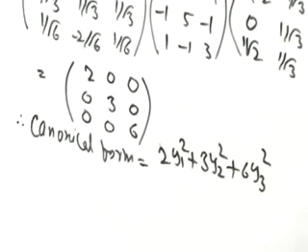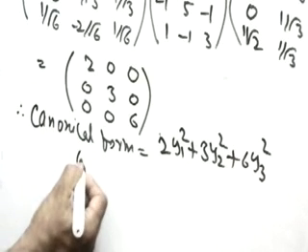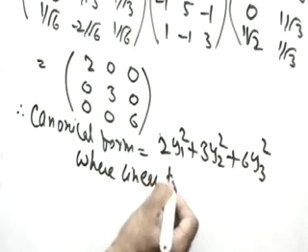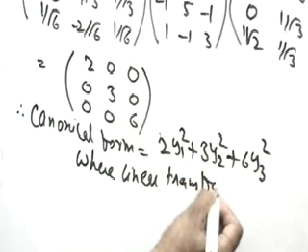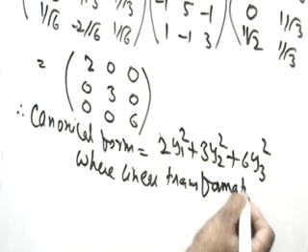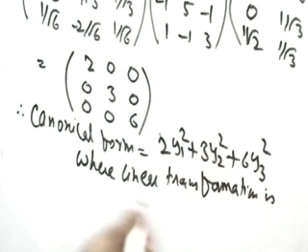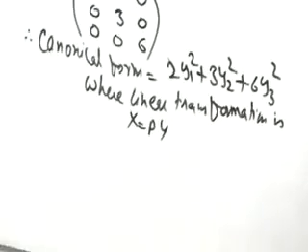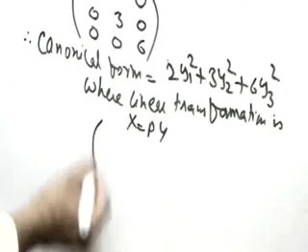First step. With this you also write the linear transformation, which is x equals P into y. Now substitute the values.